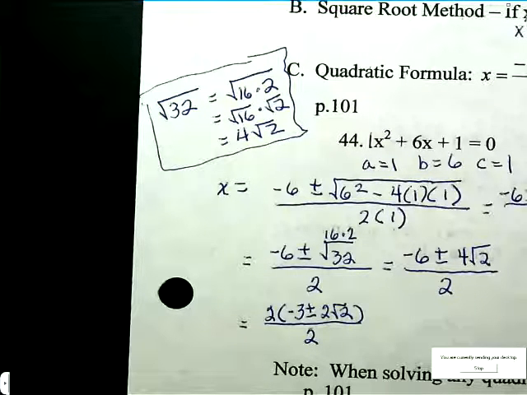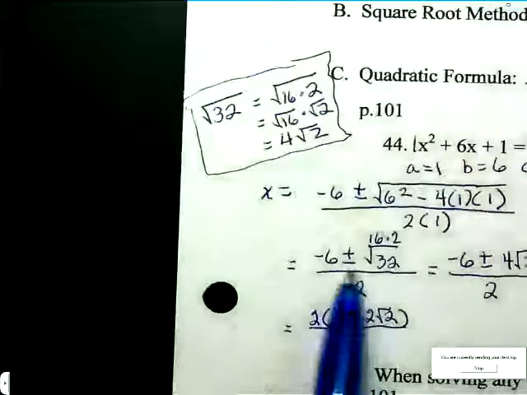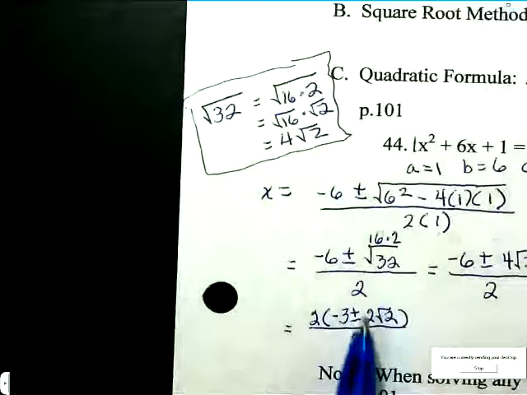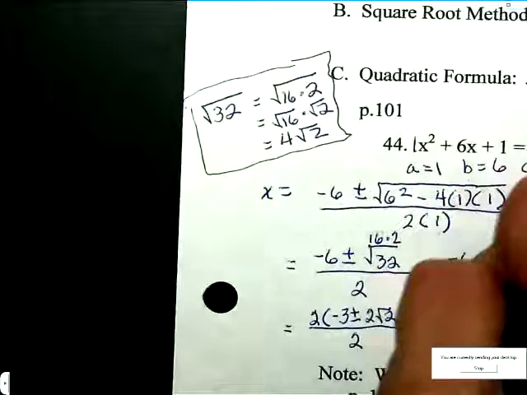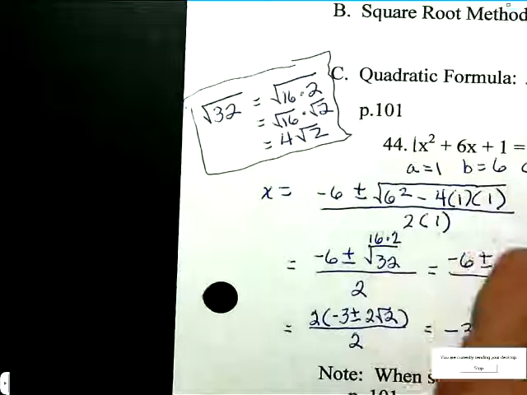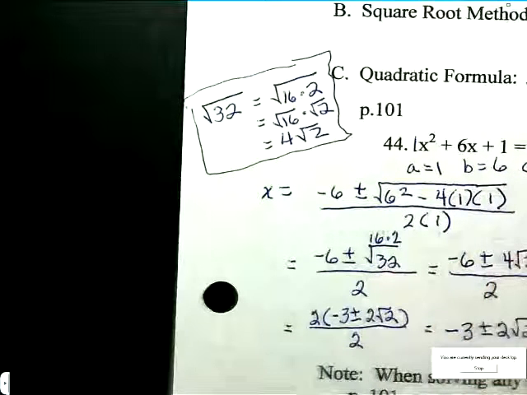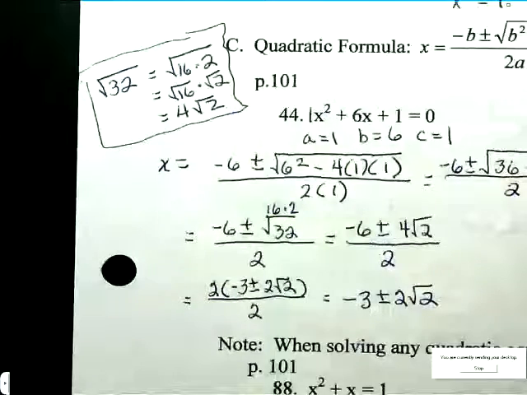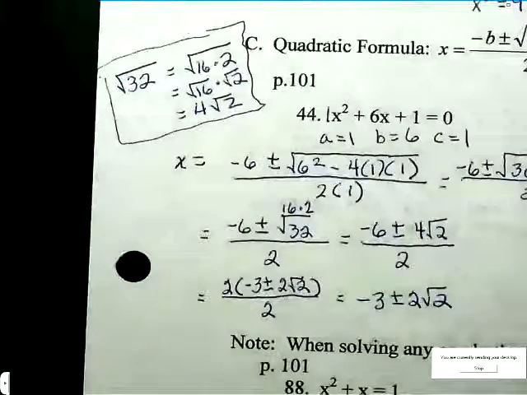Yes, and some calculators will. If you type in -6 plus or minus square root of 32 over 2, it'll go straight to -3 plus or minus 2 square root of 2. And that's a fabulous button. But it's really not that much work to do if you don't have that button. No, cheap calculators do that now.